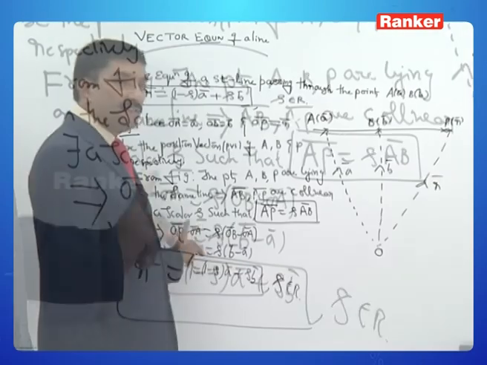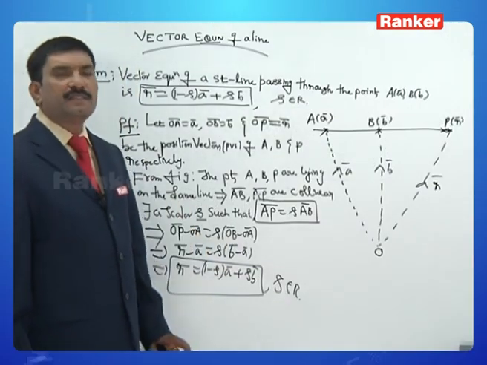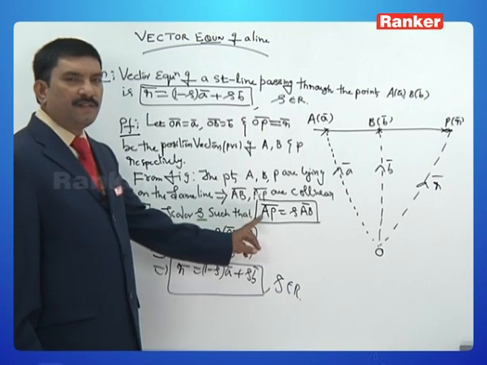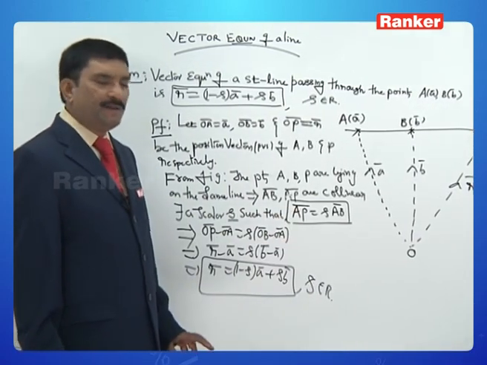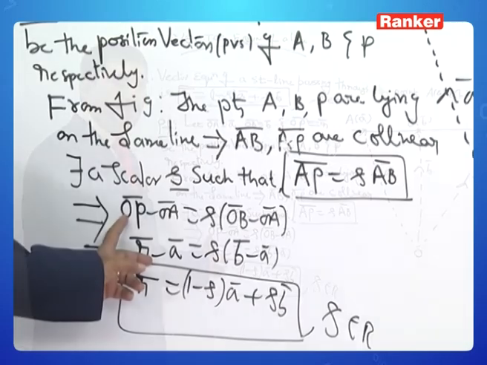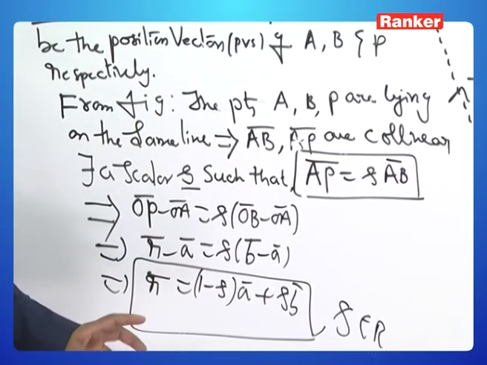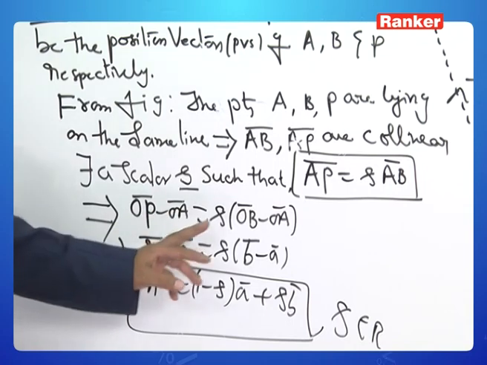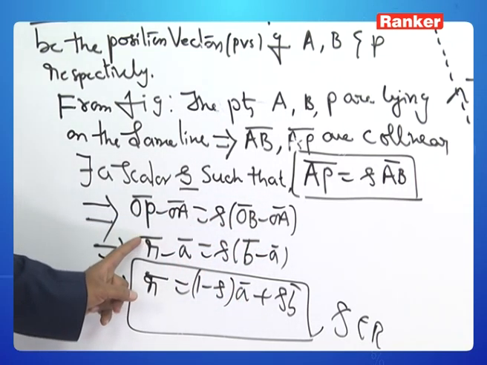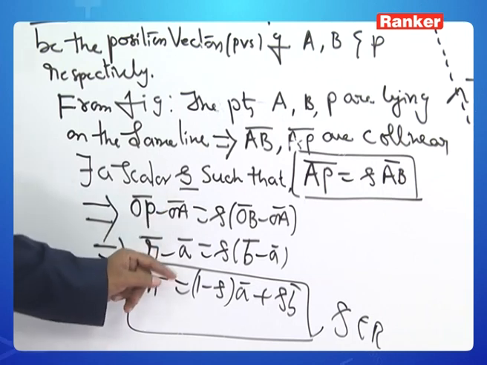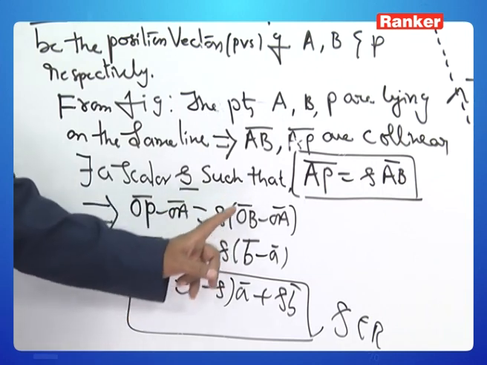Now there exists a scalar S such that one vector can be expressed as a scalar multiple of another vector. AP bar is not given, but the position vectors are given: OP minus OA is equal to S into (OB minus OA). Now OP bar is equal to R bar, OA bar is equal to A bar, OB bar is equal to B bar.